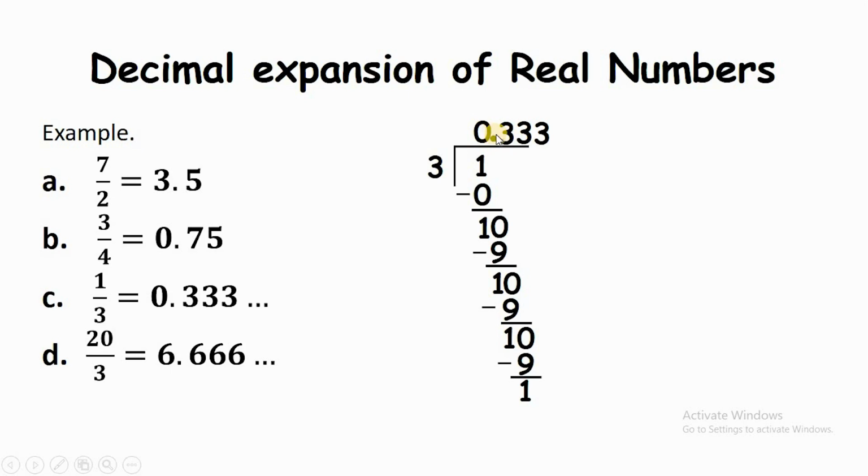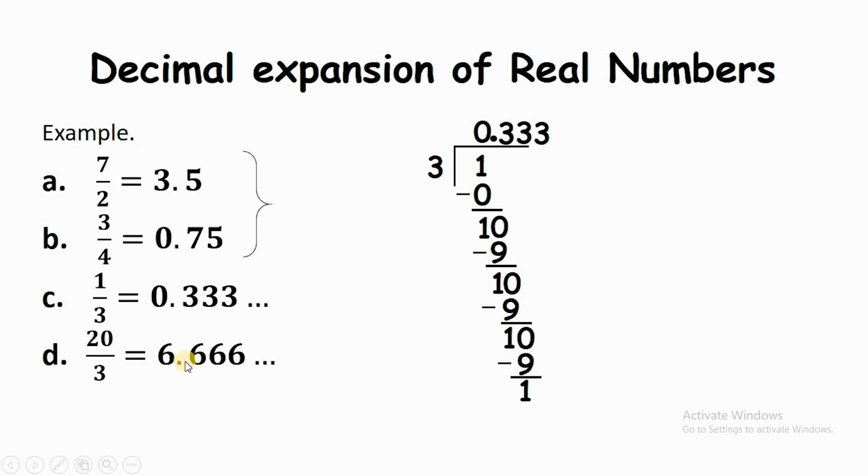Here you see 0.333. Again, if you add 0 here, we'll write 3 here. So 3 is repeating over here, and you can write it as 0.333, or you can write it as 0.3 bar. We'll discuss that in the next part. Again, similarly, in example D, you'll find 20 by 3.